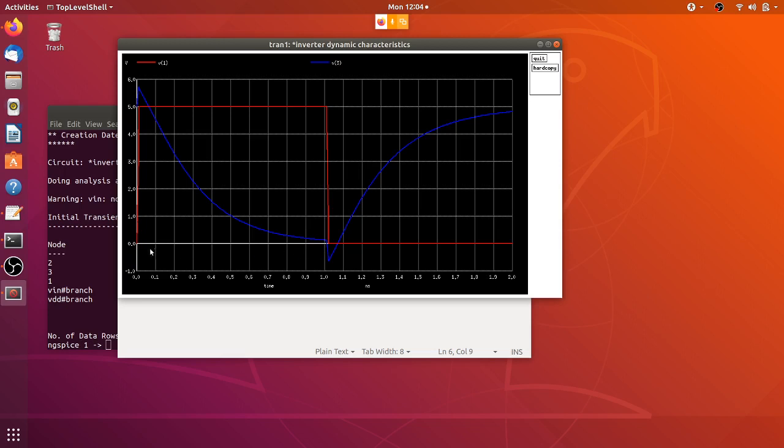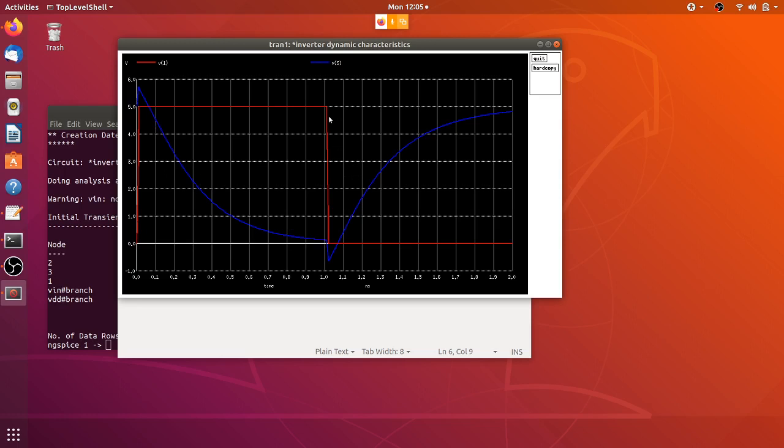That's because there is a lot of charge stored in the 50 femtofarad load capacitance, and the NMOS device is turned on, and it is allowing that charge to flow into the ground. And as the current flows into the ground, the output voltage reduces. So this is a capacitor discharging waveform, the output waveform.